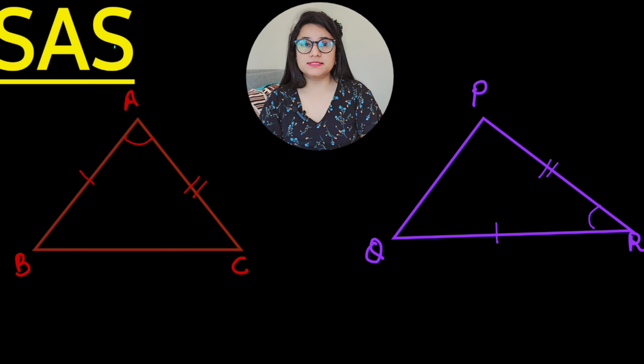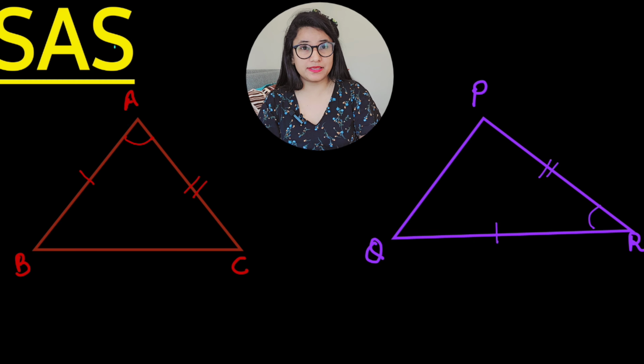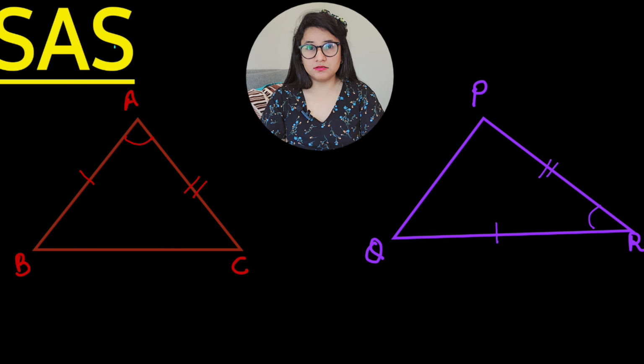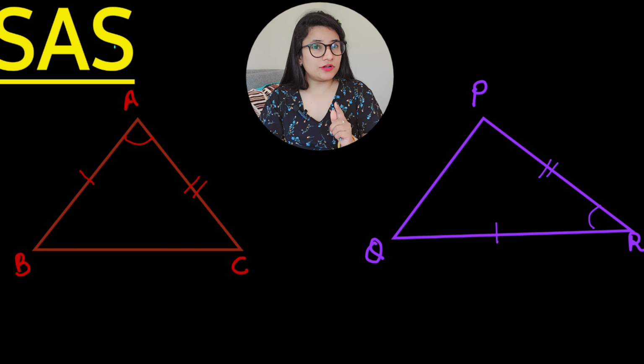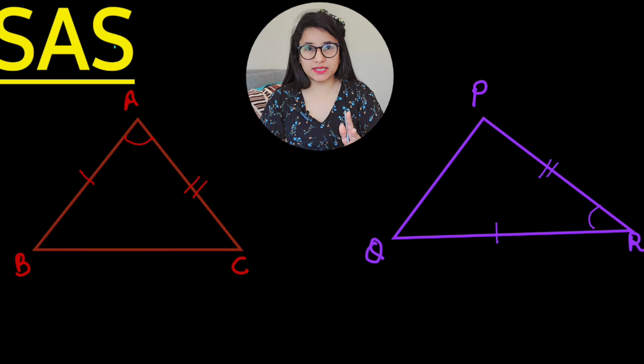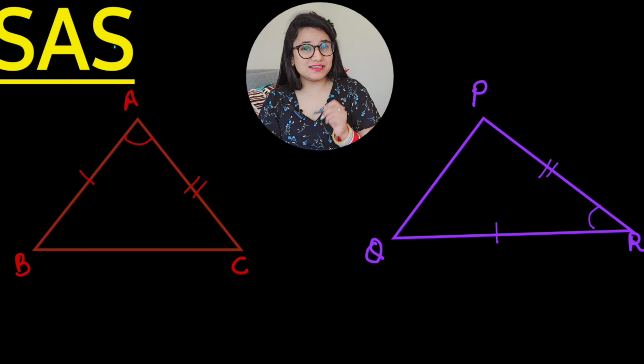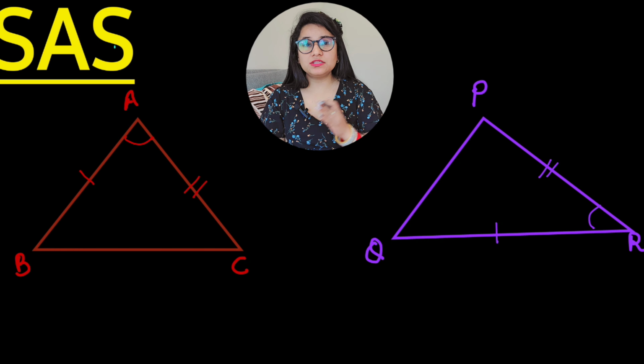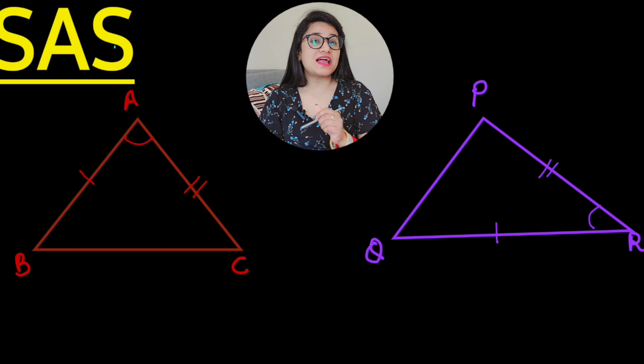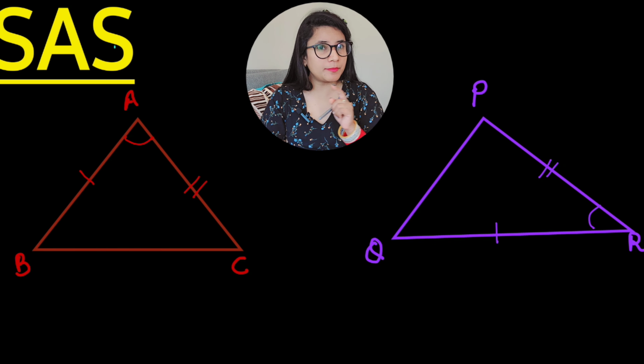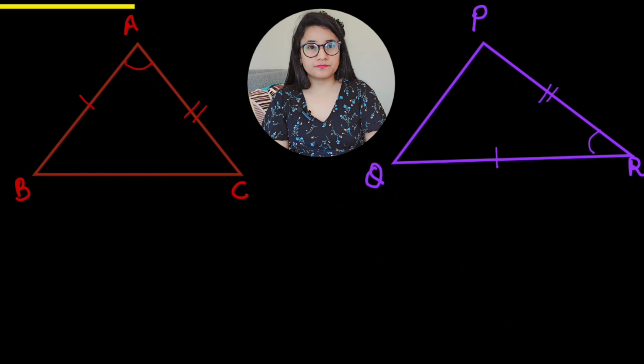This property is known as side angle side, that is SAS. Now one thing here: the angle should always be between the two sides. Like if you consider this triangle ABC, angle A lies between the two sides AB and AC. So that's a common angle between the two sides.